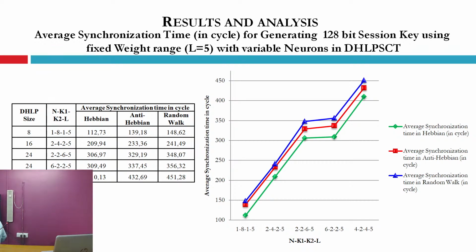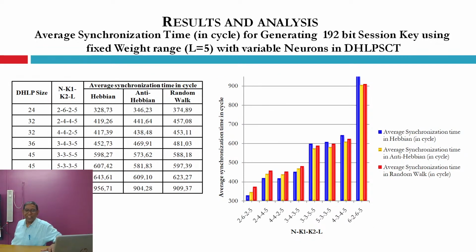You see the synchronization time for Hebbian is less, and for random walks it is more. This is for 128 bit. Now, a very interesting result: if you change it to 192 bit, the time is less for anti-Hebbian.